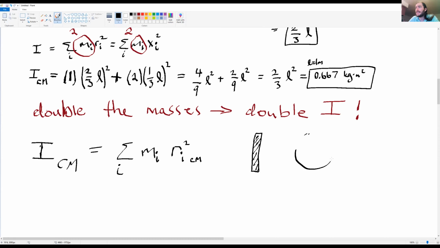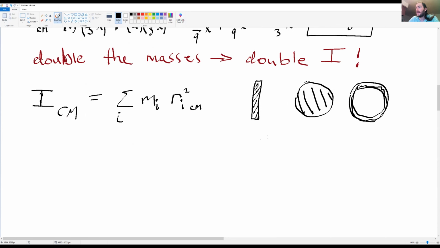But you could also have a disk, right? A disk has all this mass in the middle. You could have a ring. A ring has only mass on the outer part of the circle there, right? And you could, of course, have a sphere as well, right? So here's a sphere, and we have mass all over inside the sphere.